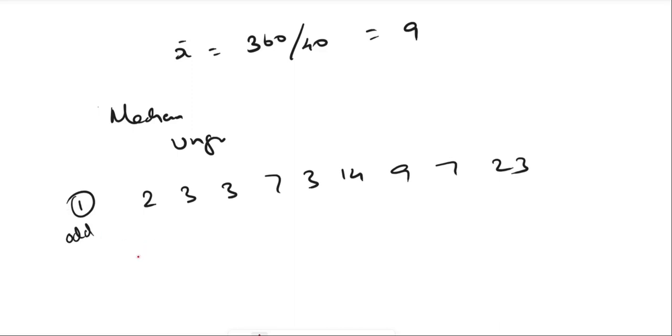So what is the first step? We have to arrange it in ascending or descending order. Let me make it ascending order: 2, 3, 3, 3, and twice we get 7, and the next one is 9, and of course 14 and 23.